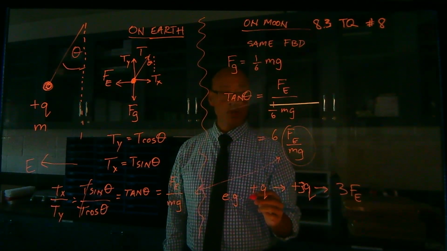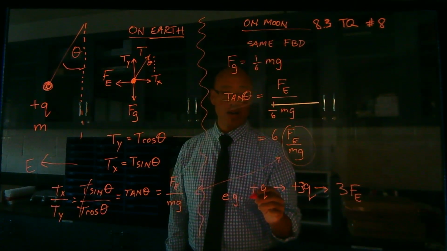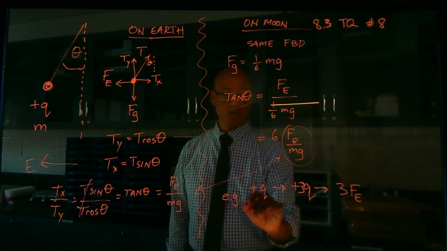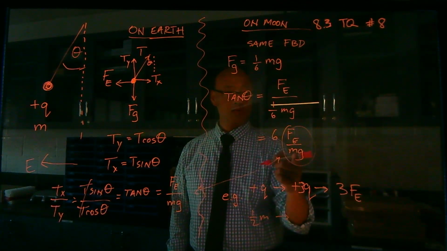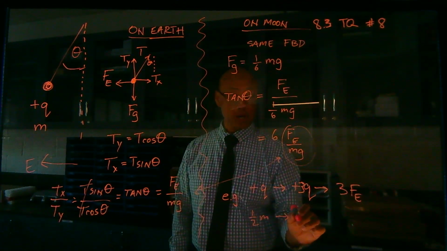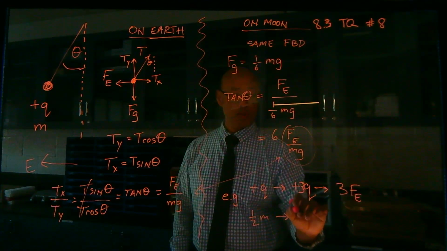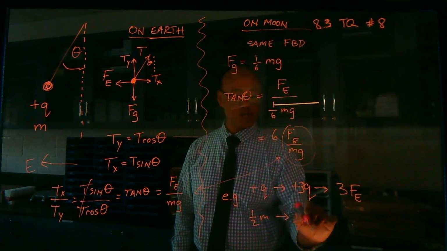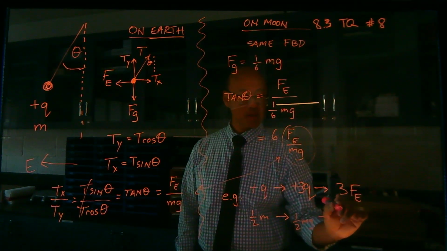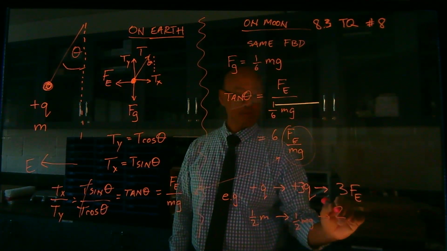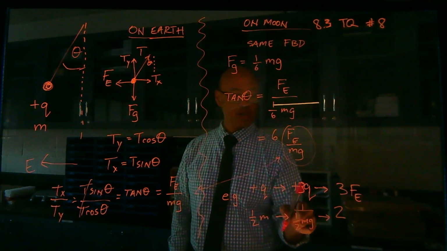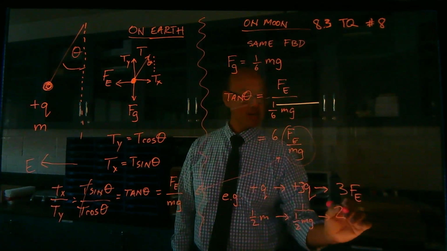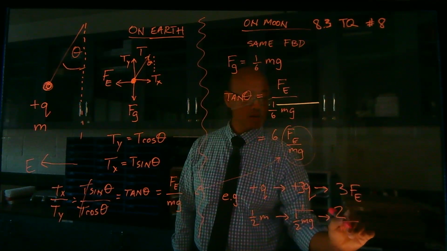If we cut the mass in half, then that's going to do what? I've got mass at the bottom, so that's going to double. We've got half mg, and this is 1 over, so the effect of halving the mass is going to be doubling.